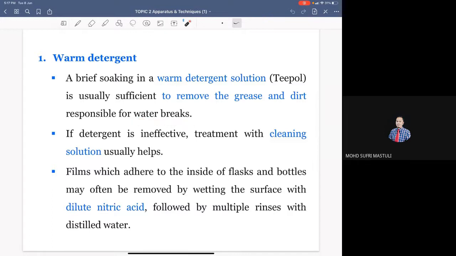If the detergent is ineffective, then we can use a cleaning solution. Any film inside the flask or inside the bottle can be removed using dilute nitric acid, followed by multiple rinses with distilled water.